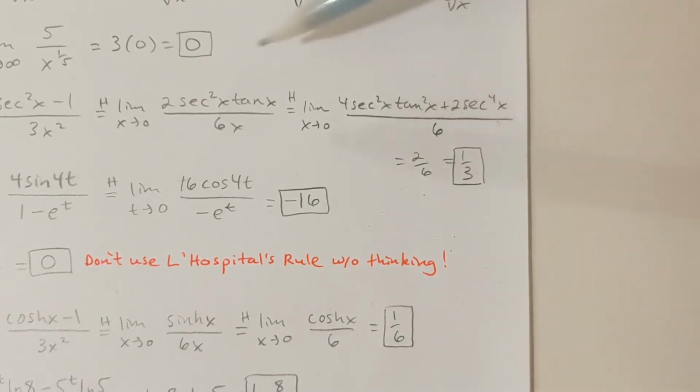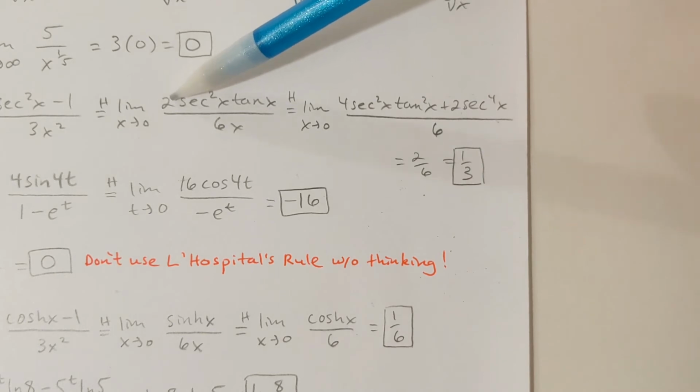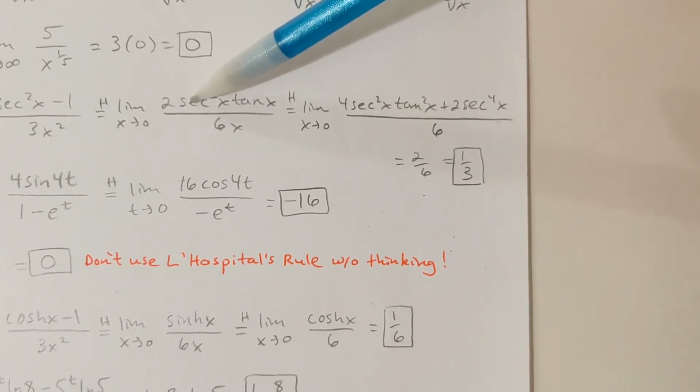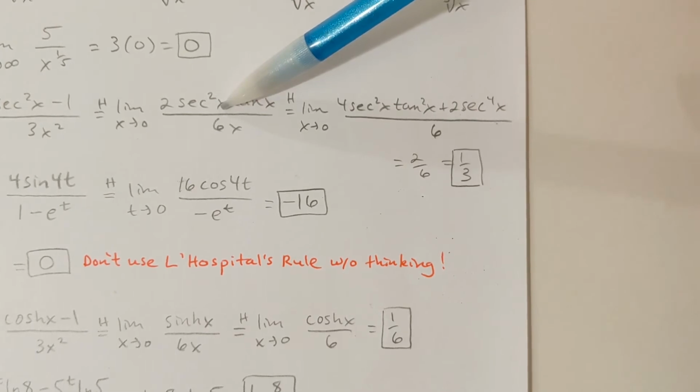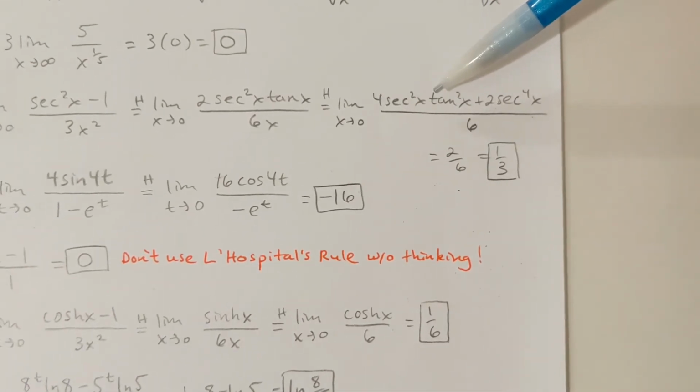And then plus the second, which is tangent x, times the derivative of the first. The derivative of 2 secant squared x, that'd be a chain rule. You're going to have 4 times secant x times the derivative of secant x, which is secant x tangent x. And so that gives us 4 secant squared x tangent squared x.